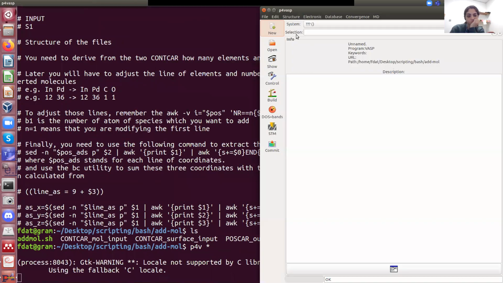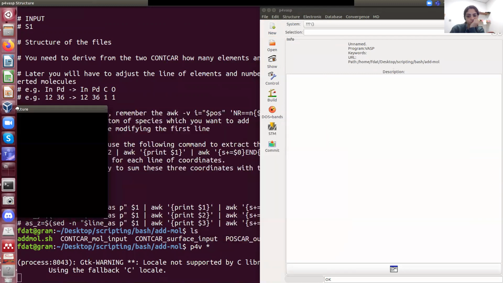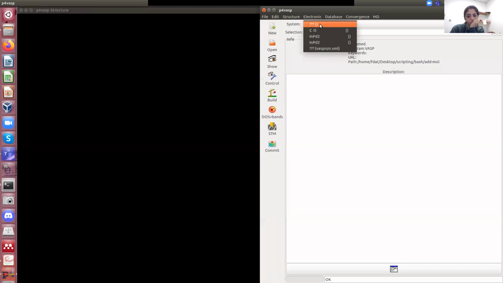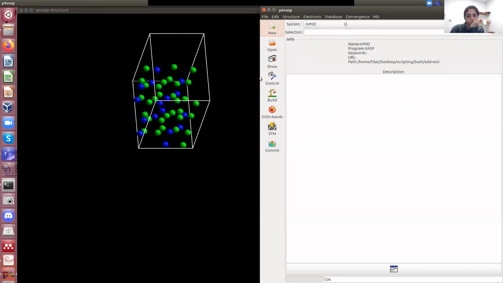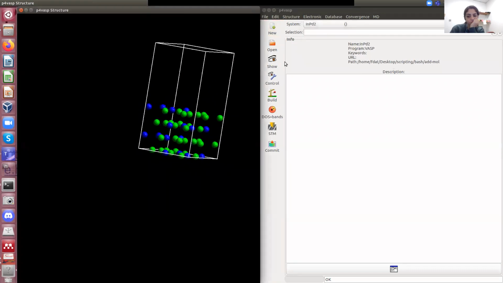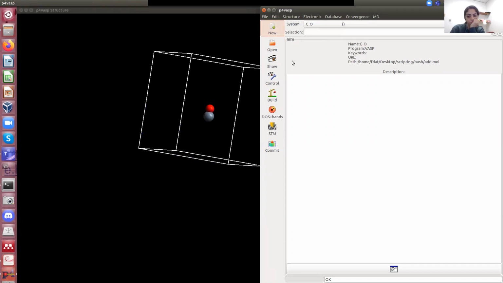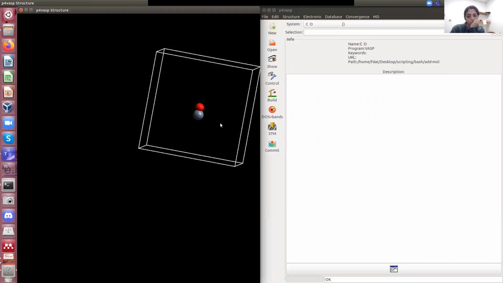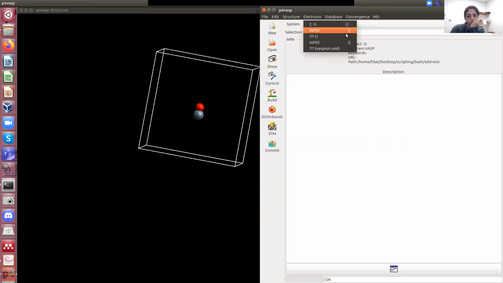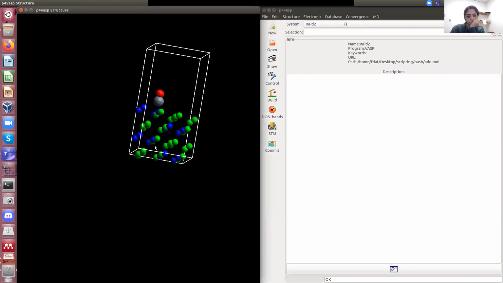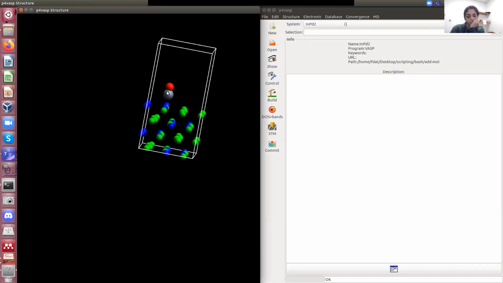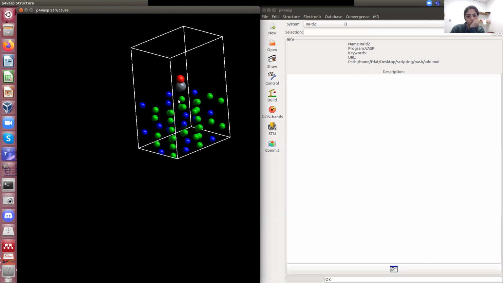So what you want to do is start with indium palladium. You have a CO molecule alone, so you have the two structures. And what you want to do to arrive here is move the CO on top of one of the atoms.